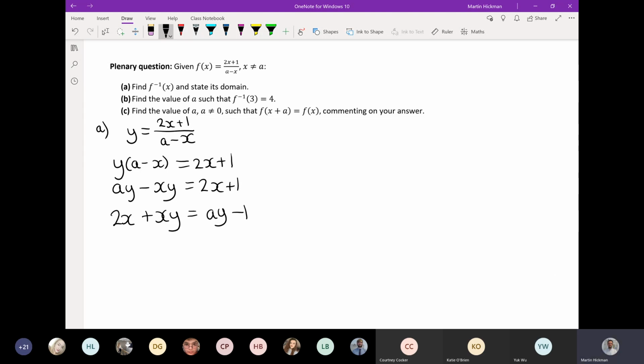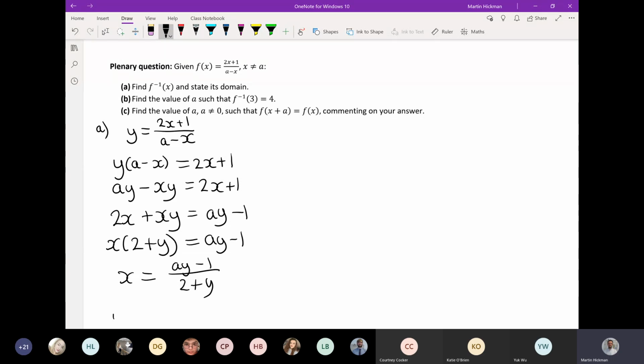Okay, so I've just added xy to both sides. I've taken off 1 from both sides. That enables me to factorize out the x. And I'll just get x equals ay minus 1 over 2 plus y.